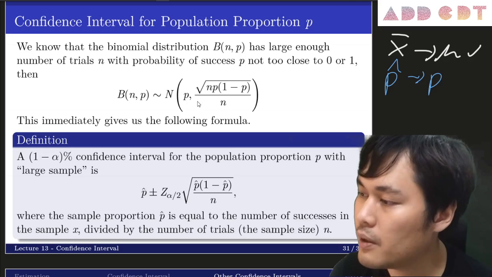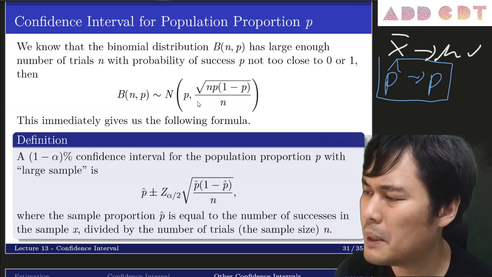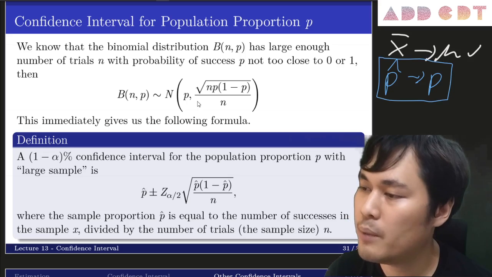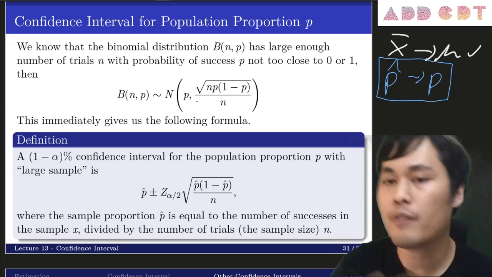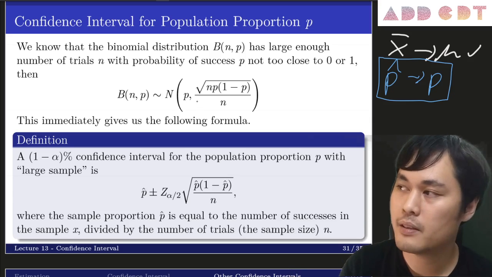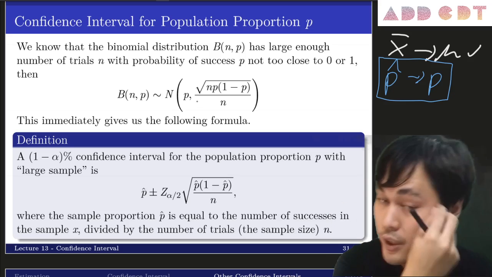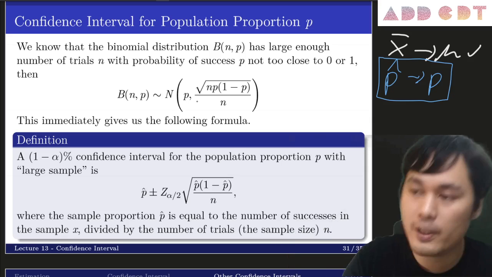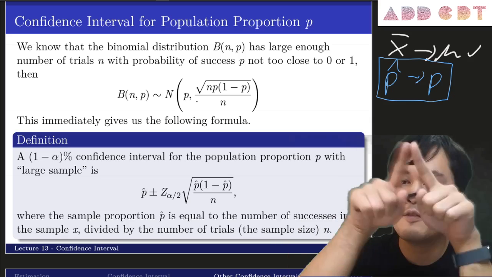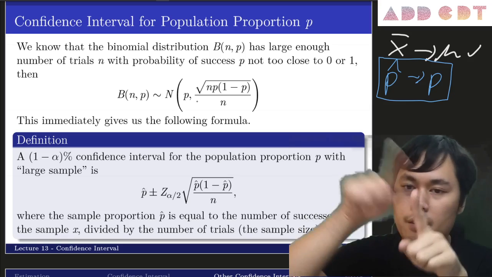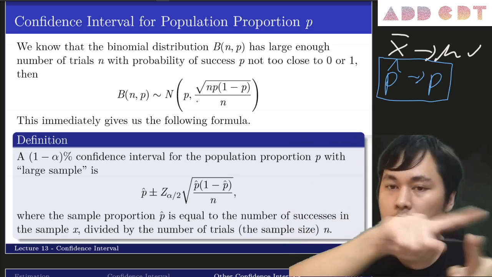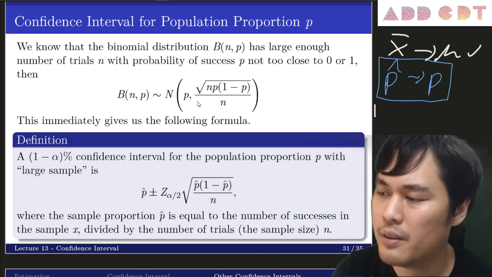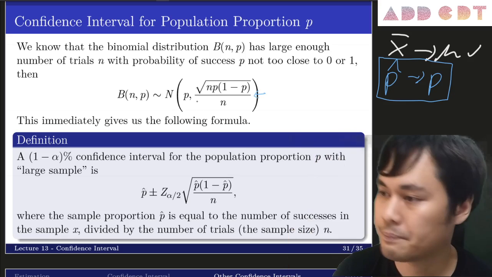If you recall, we have the binomial theorem that says if the binomial distribution has a large value of n and the value of p is not too extreme, not close to 0 or 1, with a very large n, then that curve, that discrete case, will look close to the normal distribution with these parameters instead.